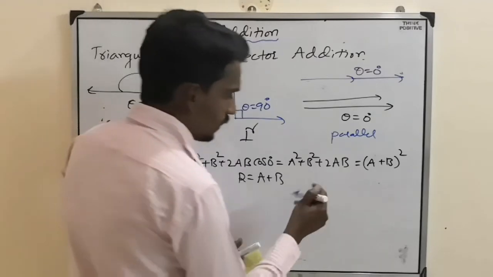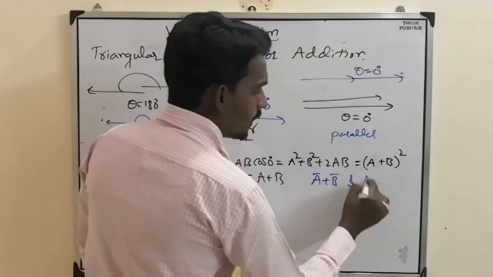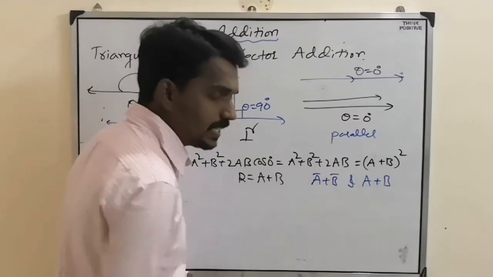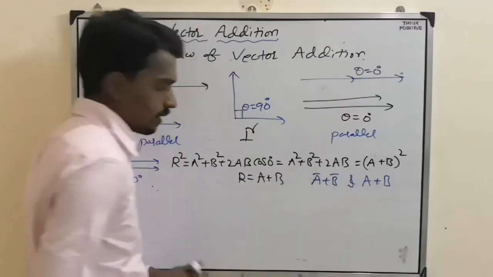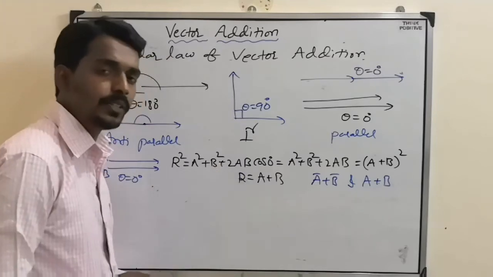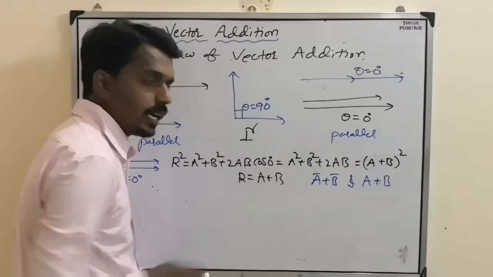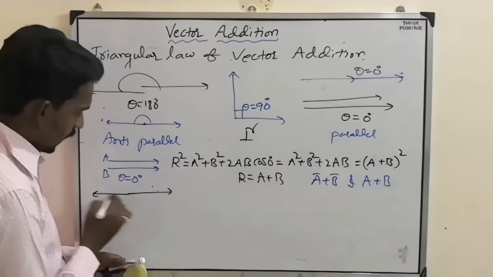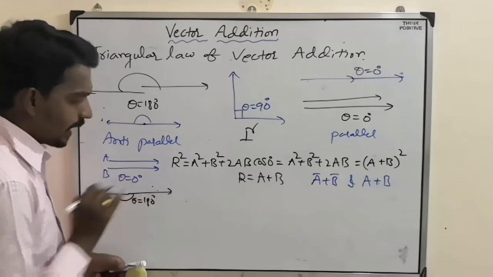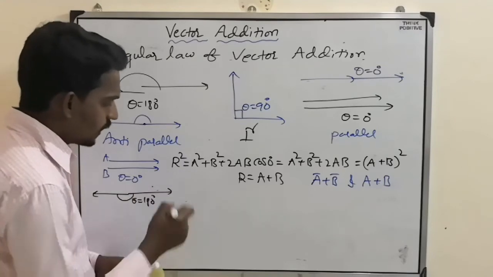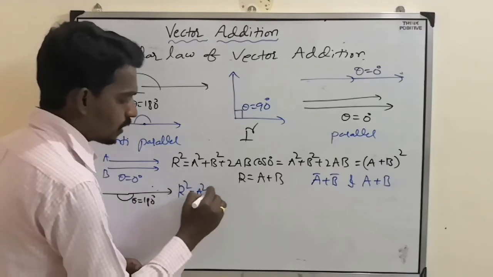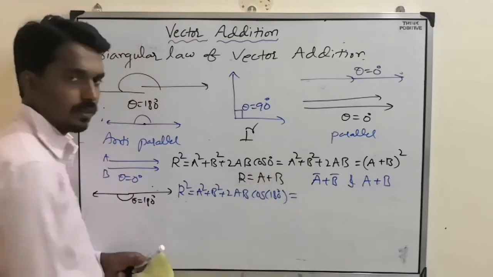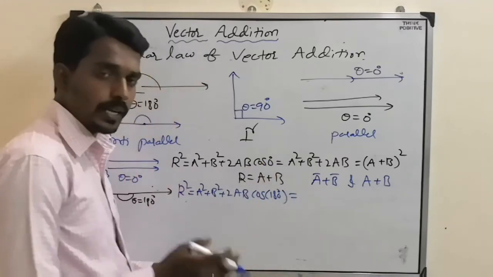There is a difference between A bar plus B bar and A plus B. This is addition of magnitudes only, but that is addition of vectors. Please note the difference. We are talking about the magnitude of the resultant vector; how much is it? A plus B. Now take the case where one vector and another vector are opposite. Then the angle is 180. The resultant R square is A square plus B square plus 2AB cos 180. Now please don't ask me how to find cos 180.